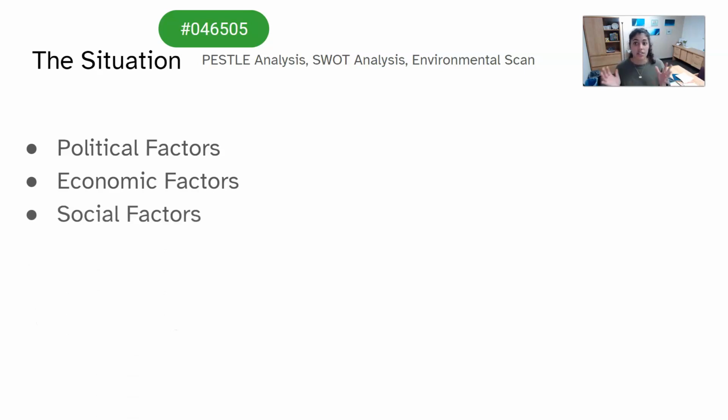Social factors, really big for PR especially, because we need to understand more about the audience, and are there any social movements happening? Are there things that, if we don't handle them correctly, are likely to cause a crisis? What are some of those factors? Technical factors. This comes into play with how your message might go out.